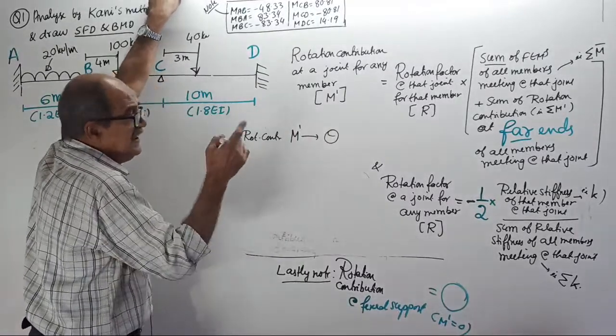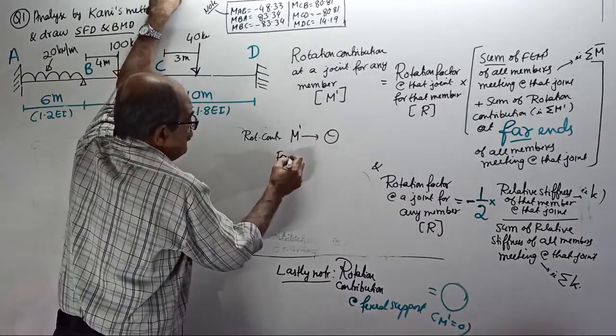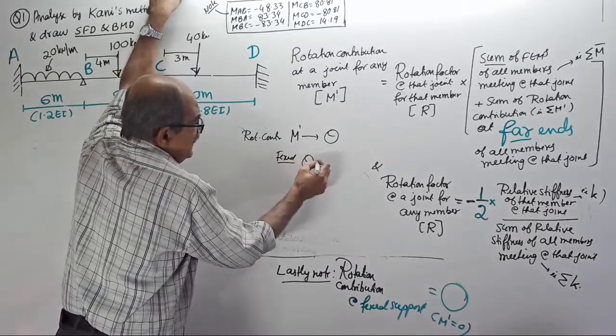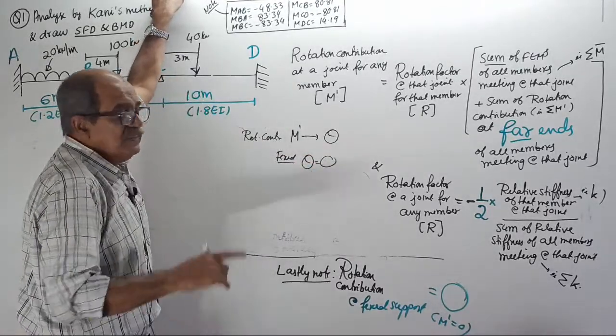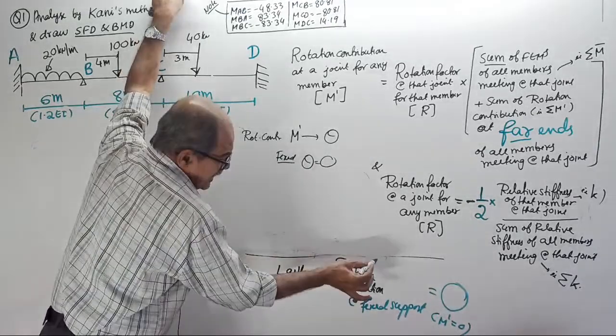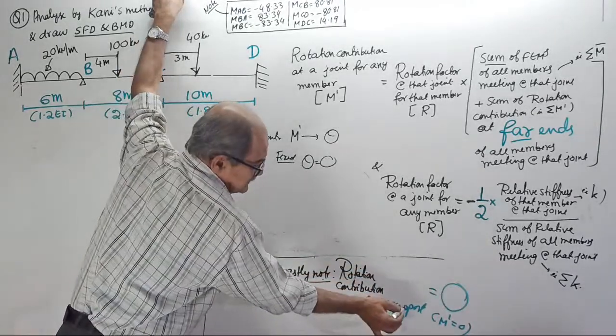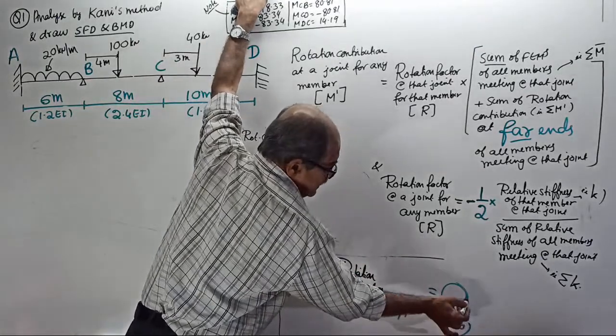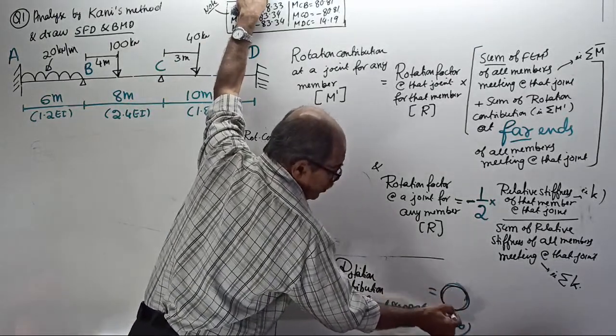If it is an absolutely fixed end, you know theta equals 0. Therefore, remember, lastly note: rotation contribution at a fixed support, that is m dash, is always 0.